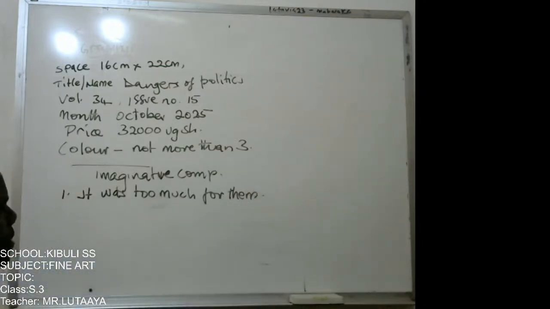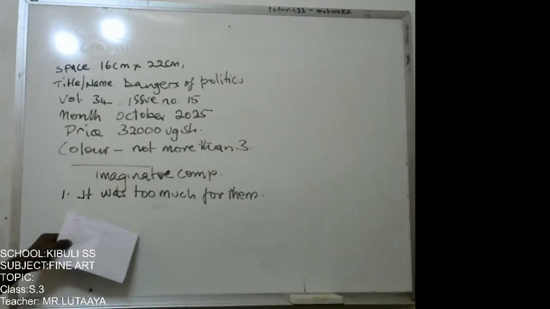What was too much for them? Then as a learner, try, because this is imaginative composition, and I don't want to corrupt your mind, but remember the trick of coming up with big images, avoid the tiny ones. Remember the style of exaggerating some parts. Remember that artwork, my learners, you are very good in this area. So it was too much for them. What was too much? Think about that.